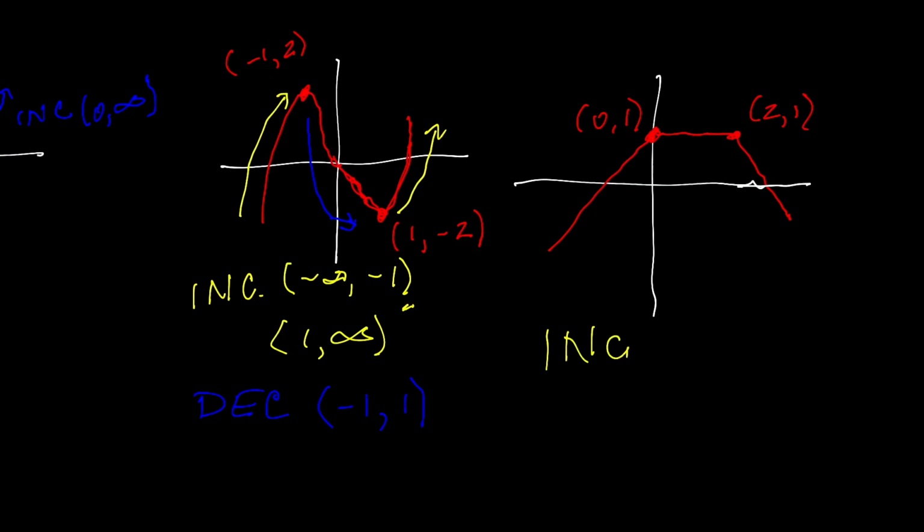So it's increasing from -infinity to 0. And then we switch to blue. It is decreasing from x equals 2 to infinity. So again, remember, these are not function values. These are x values. So this is what it's doing in the x direction.